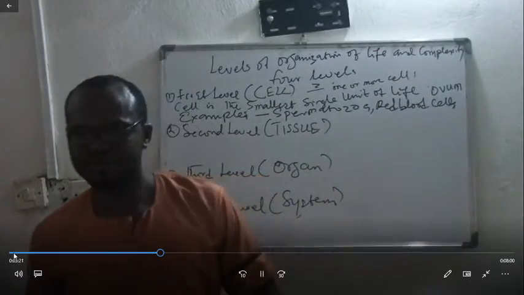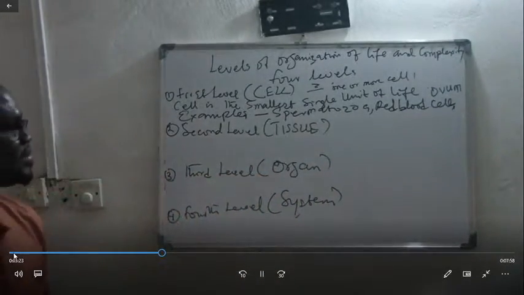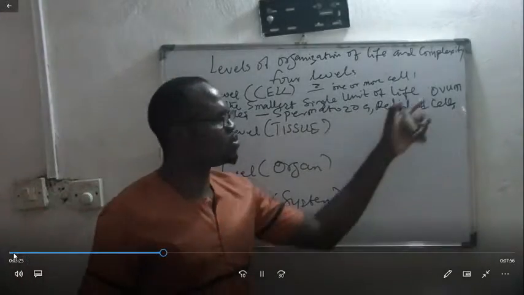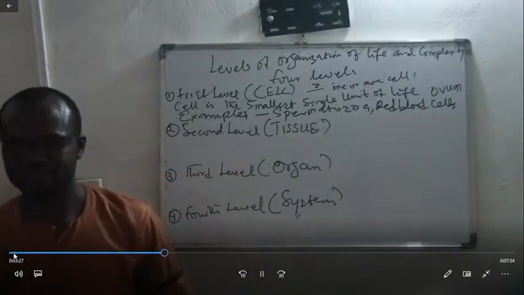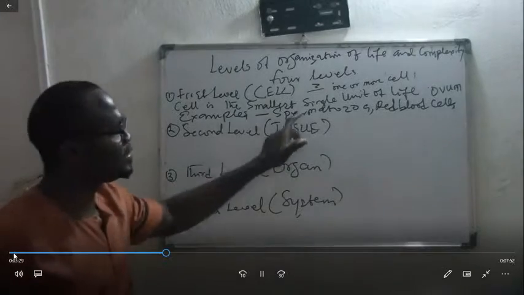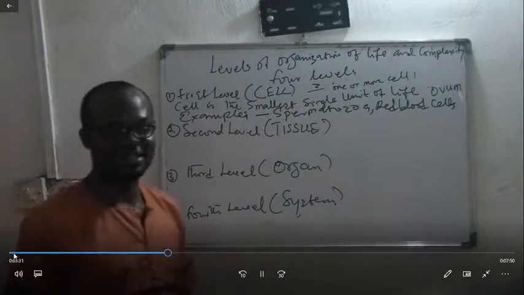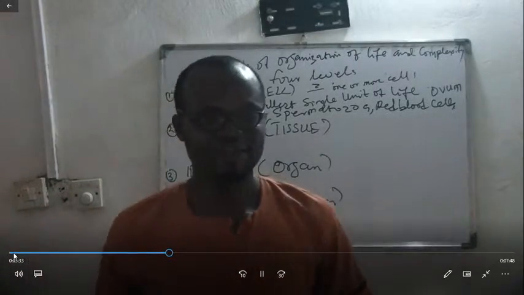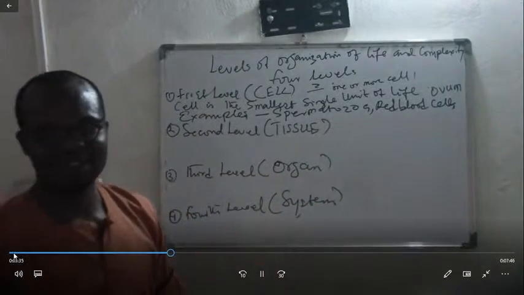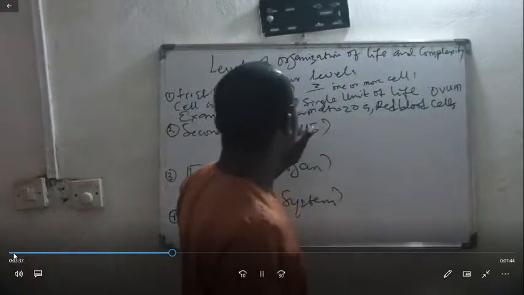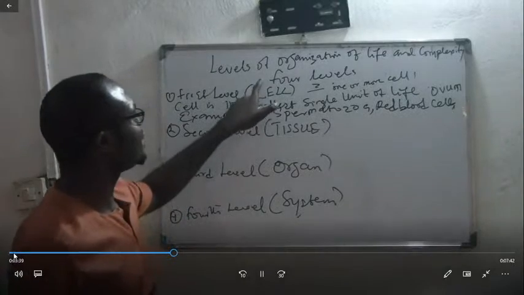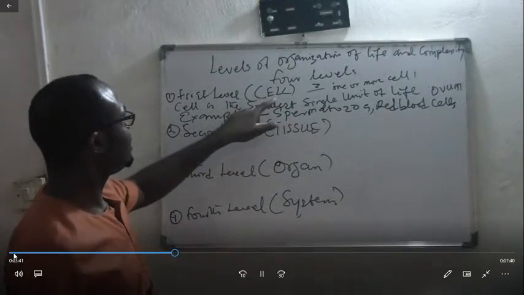Is that not the reproductive cell of the woman that meets with the spermatozoa in order to form the fetus, isn't it? So all of them are still at the first level of organization, known as the cell.